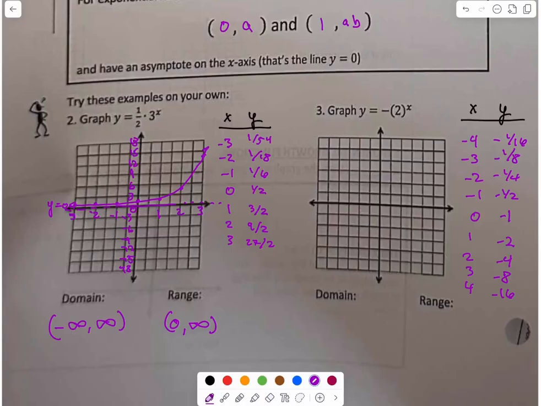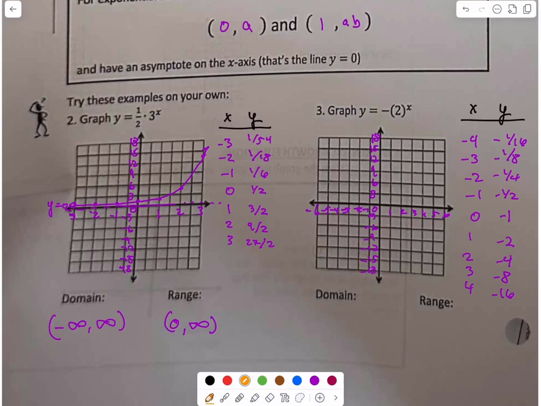I think we can go by 3s on the y-axis: 3, 6, 9, 12, 15, 18, both up and down. The x-axis can go by 1s, 1, 2, 3, 4, 5, 6 in each direction. These are negative, and here's our origin.